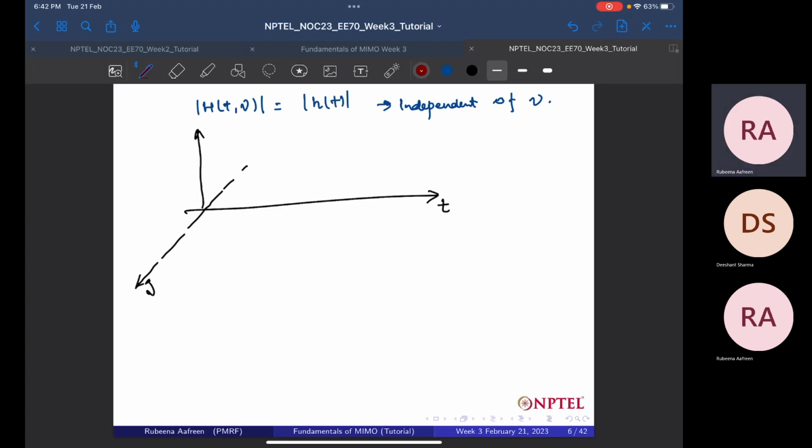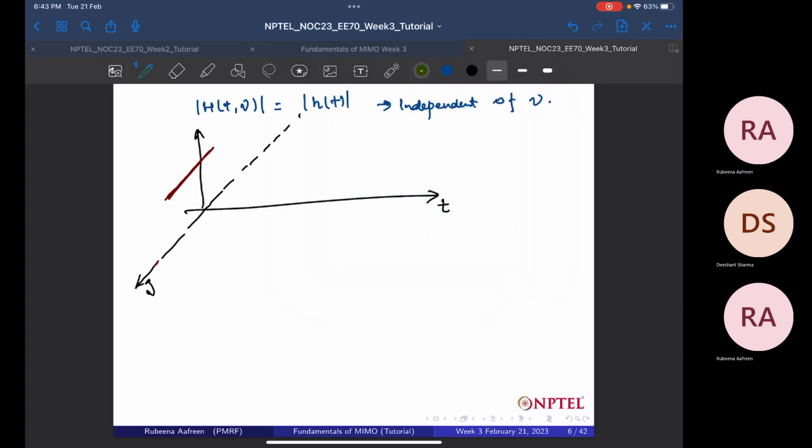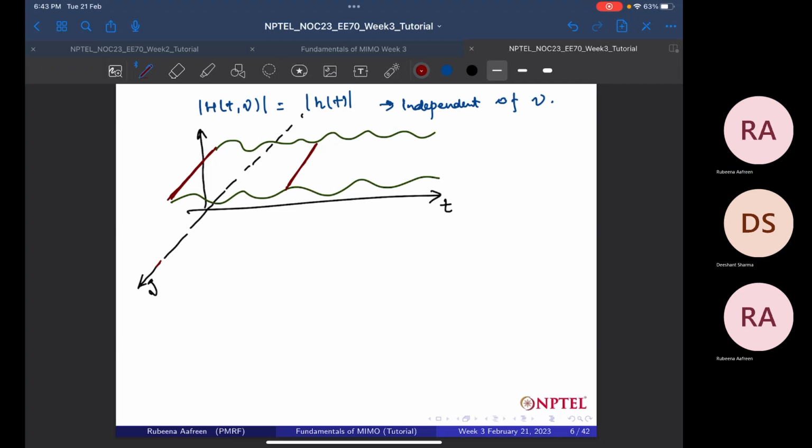So what we are saying is that along this axis h is constant, but at the same time h is varying along the time axis. So this thing will always be same. This will always be same, but it will be varying in the time axis.